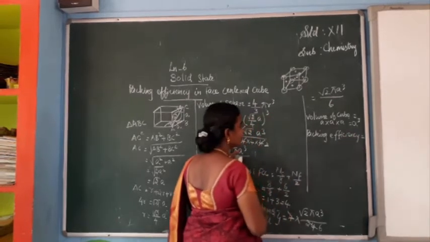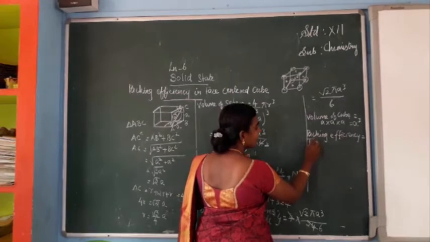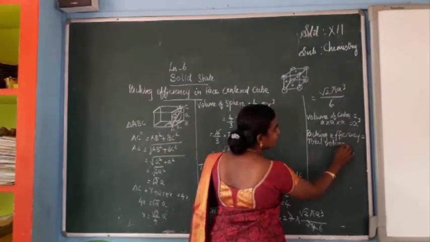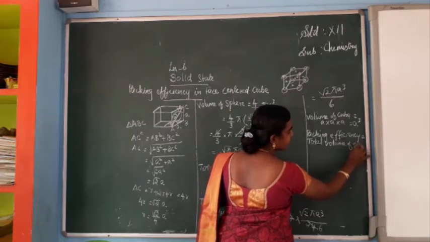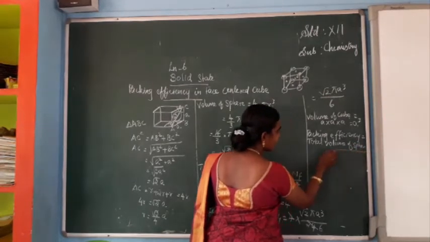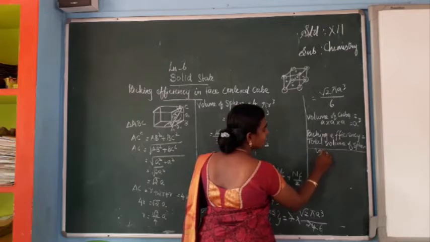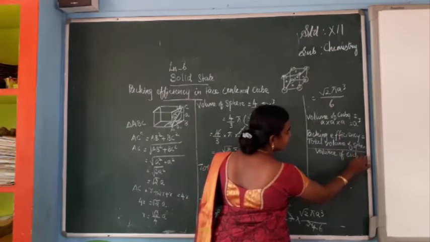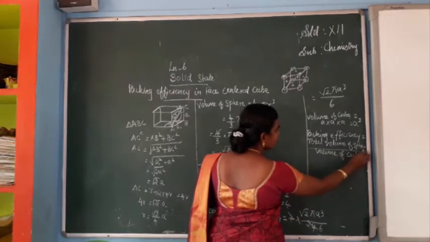Packing efficiency is equal to the total volume of spheres in one unit cell divided by the volume of the cube, into 100.